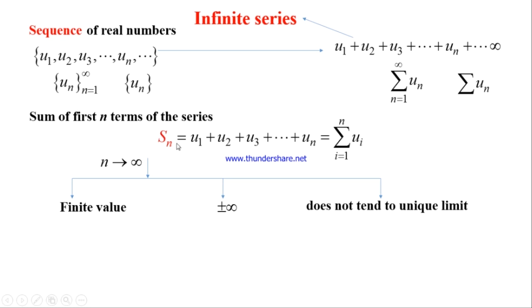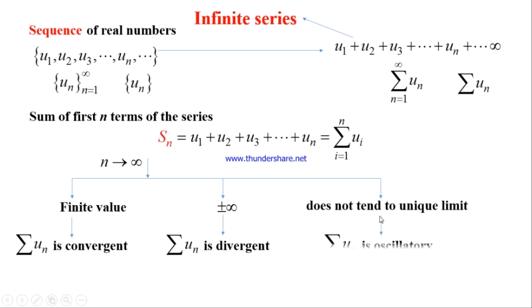Now, if Sn value tends to a finite value, we claim our infinite series is convergent. If it tends to plus or minus infinity, we claim the series is divergent, and in this third case we claim series is oscillatory. In our syllabus, we are not using this method to determine the nature of this infinite series. Instead, we'll just make use of nth term.